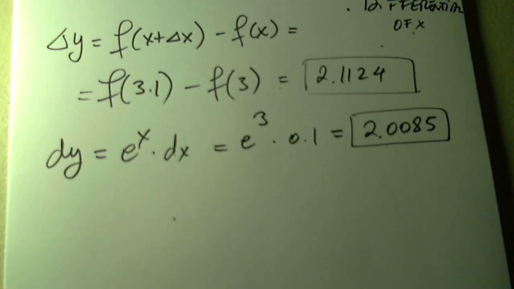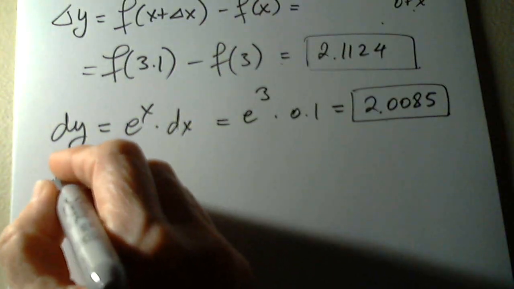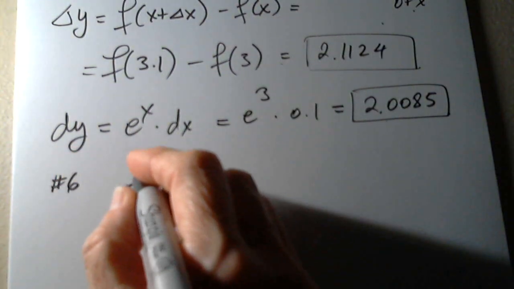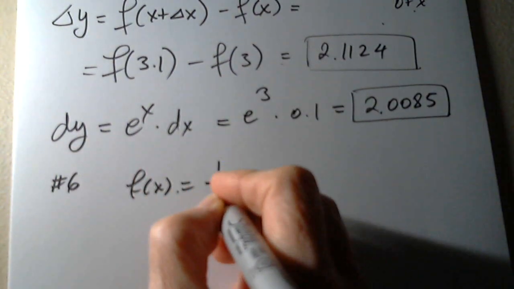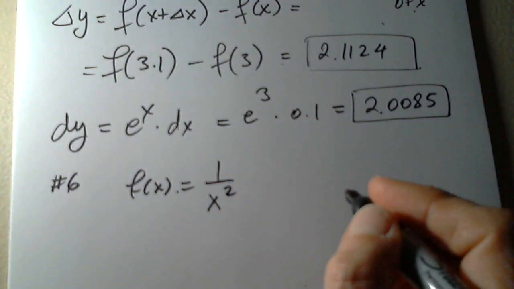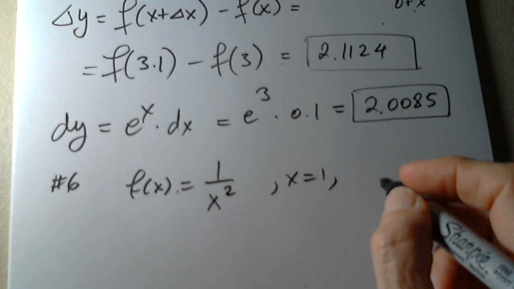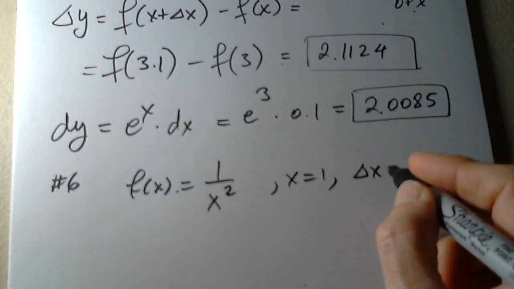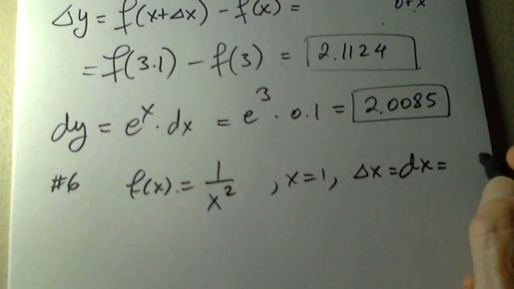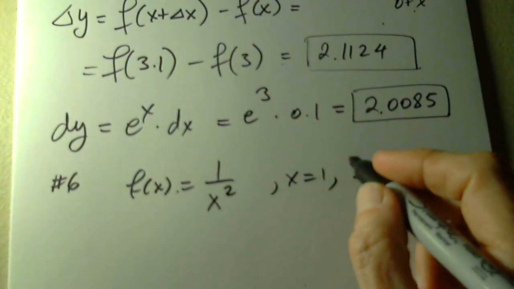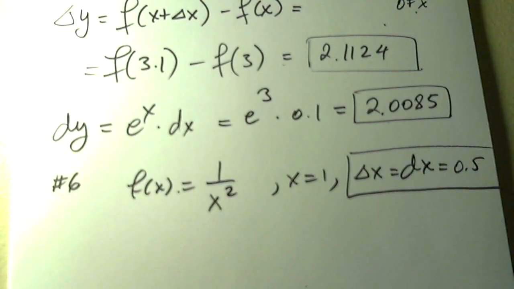Yes, of course. Number 6. Let's take a look. Number 6, we have f of x equals 1 over x squared. X equals 1. And delta x is 0.5, which is always equal to dx. Delta x and dx are identical.